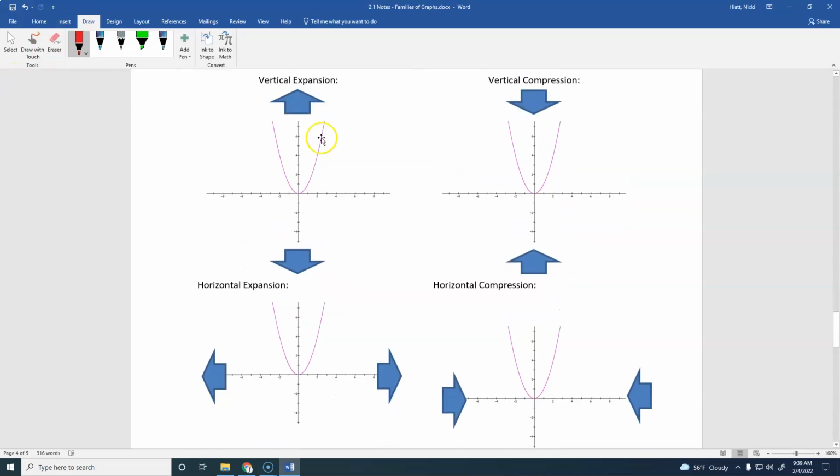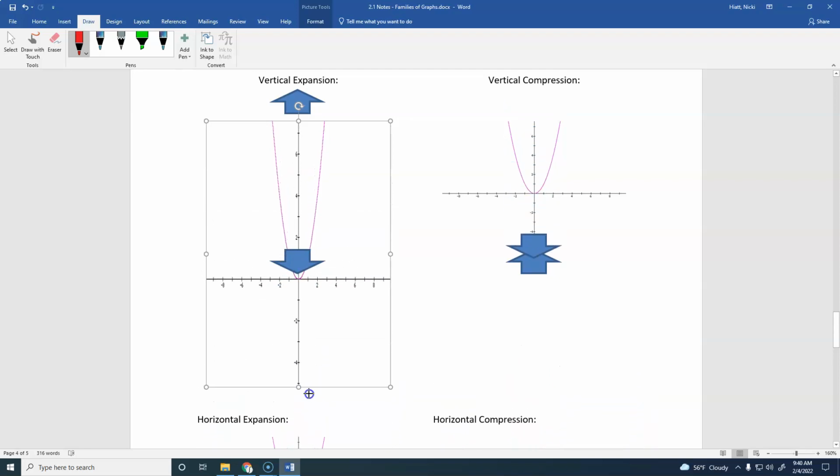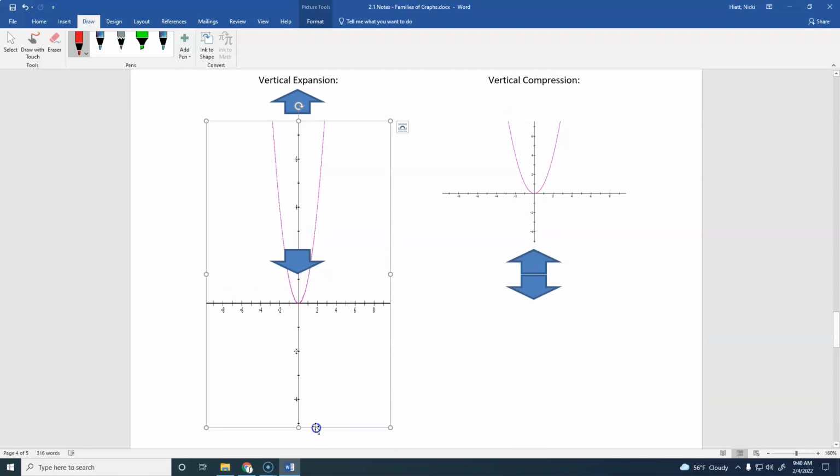And so I've got these pictures here to help you think about vertical expansion and compression. I like this in Word better than other programs because Word will let you actually do this. If I'm thinking about vertical expansion, it's like we're grabbing that y-axis and stretching it out, right? That's what it's going to look like with a vertical expansion.